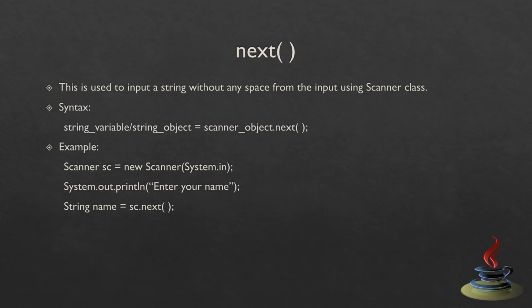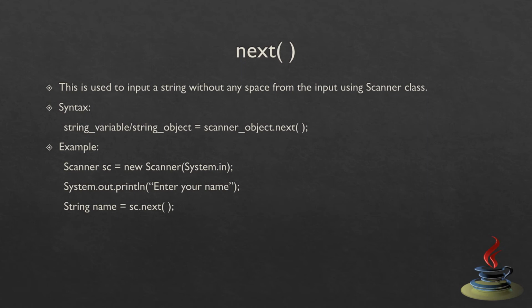That means if you want to input a name, a name consists of first name, middle name, and last name, and in these three you have to enter some space which distinguishes them. But the next method takes the string without space.